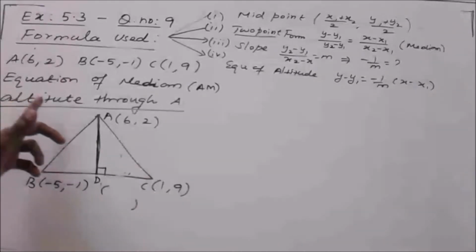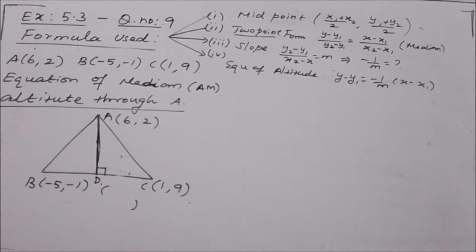Second case, find the altitude through A. Now AD is the altitude, it is perpendicular to BC.